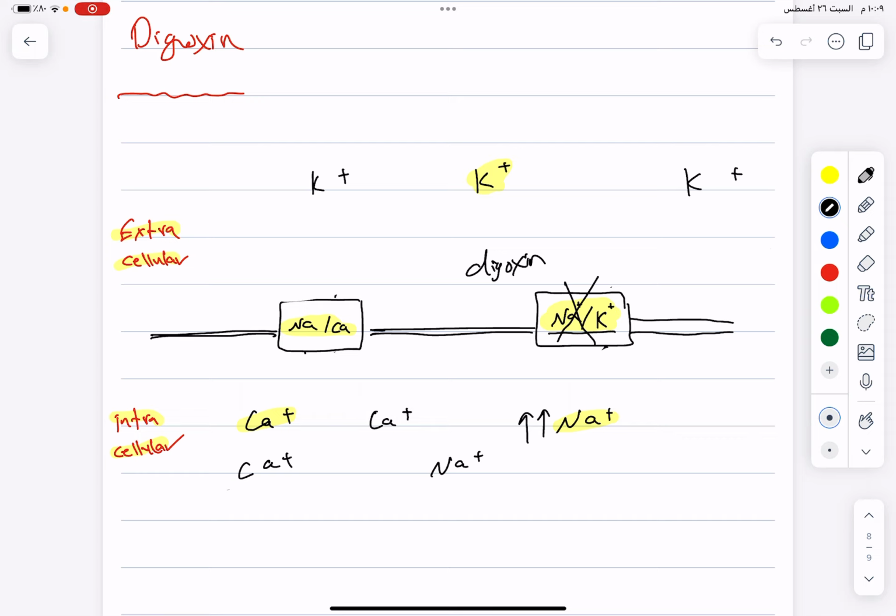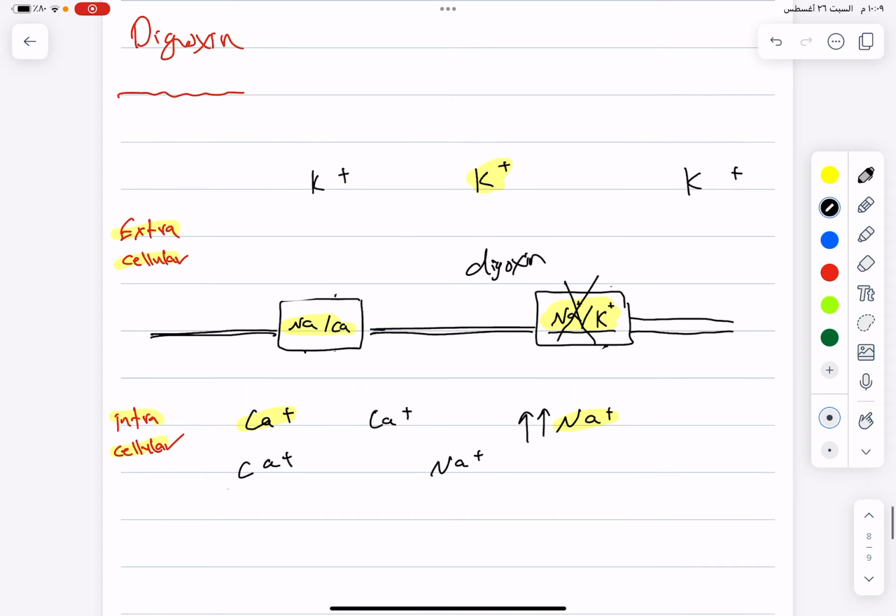Also, when there is a build-up of sodium intracellularly, it will lead to inactivation of the sodium-calcium pump, because we already said that the sodium-calcium pump depends on the sodium outside of the cell to be activated. So this also leads to increased intracellular calcium, and the potassium stays in the extracellular space.